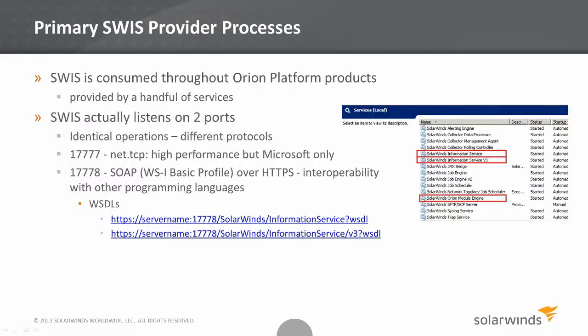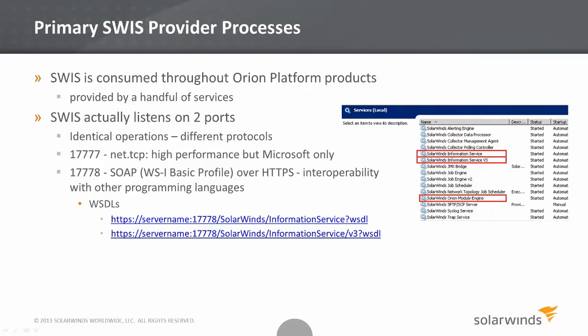So where is SWIS? If you look at your Orion install, you'll see lots and lots of different services, everything from JMX bridges to the job scheduler and data collectors. But the ones to look at are the information services and the Orion module engine. And SWIS is actually being provided by just those services. It listens on 2 ports, and it provides identical operations on both.